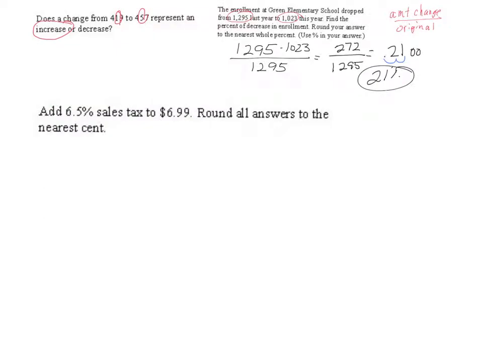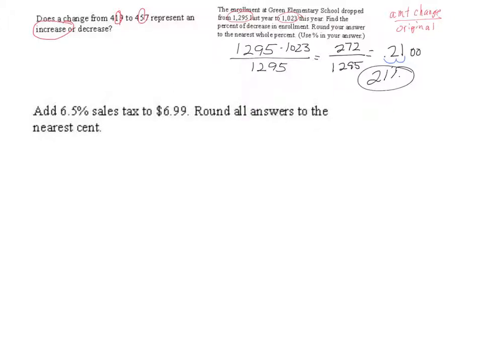Oh, sales tax, the world we live in. So it says to add a 6.5% sales tax to $6.99, round all answers to the nearest cent. So we need to find 6.5% of, so I need to change that to a decimal, so it'd be 0.065 of, so times my 6.99.